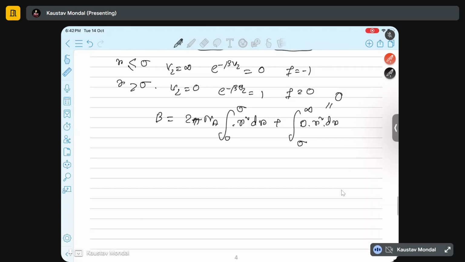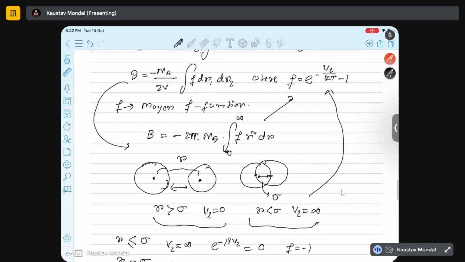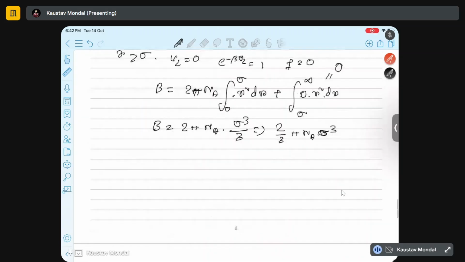So only 0 to sigma contributes. So 2 pi Na into sigma cube by 3, that is 2 by 3 pi Na sigma cube. That would be the expression of the second virial coefficient B.